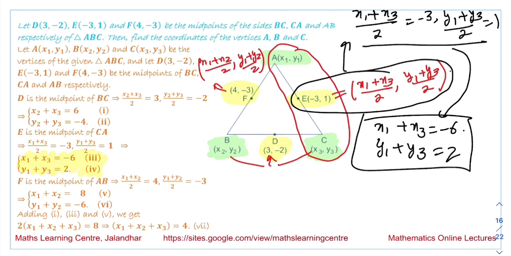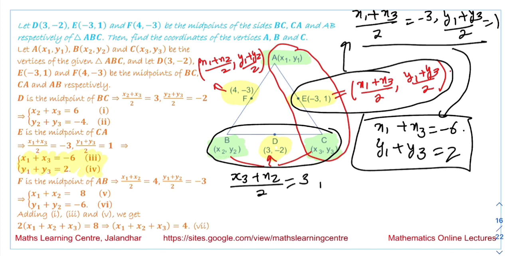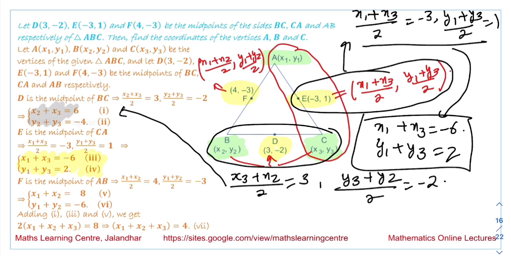Similarly, when we are talking about BC, we have x3 plus x2 by 2 equal to 3, and y3 plus y2 by 2 equal to minus 2. So these equations are mentioned over here, that x2 plus x3 is equal to 6 and y2 plus y3 is equal to minus 4.